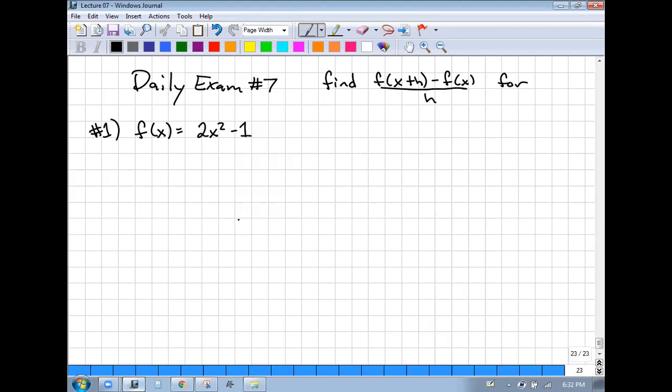Okay. I could throw the limits in there. You may throw the limits in there. Well, if you let h go to 0, you get 4x here. The trick is to find a derivative. You multiply by the exponent and then you subtract 1 from the exponent. So all that limit work, you do all that, and then you're going to get 2 times 2 is 4, and then x to the first power. It's going to be a 4x. That's your slope. The slope of this guy everywhere is 4x.